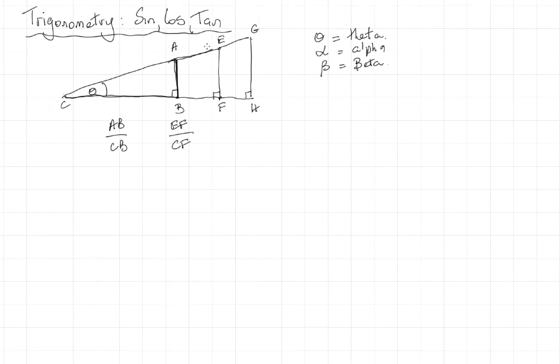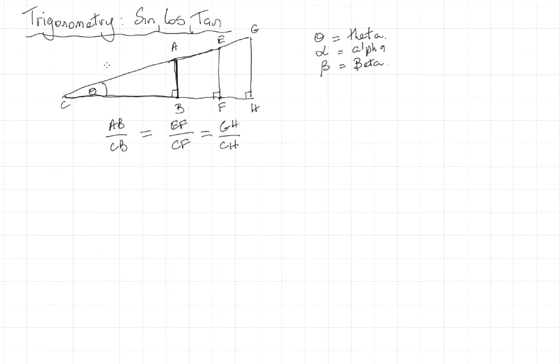So in effect CG is one straight line with A and E on it, even though I haven't drawn it too well there. So we measure GH over CH, and when you work those out, dividing the length of AB by the length of CB and the length of that by the length of that, you would find that all those would be exactly the same decimal.